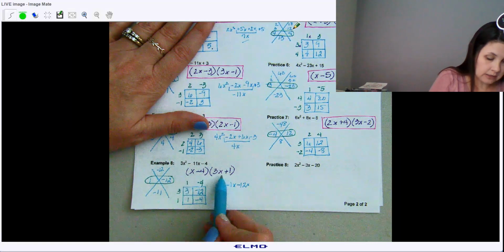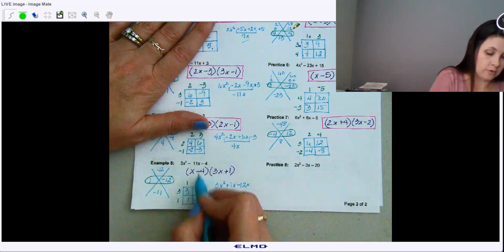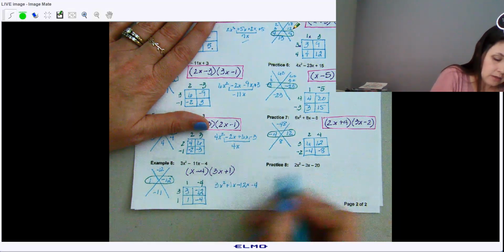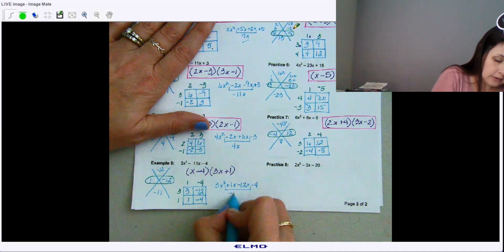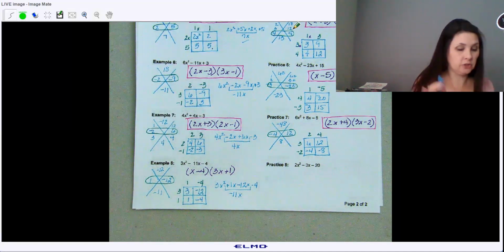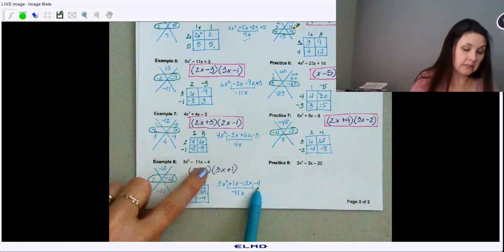So x times 1 is a positive 1x. There we go. Negative 4 times 3x is negative 12x, and then negative 4 times 1 is a negative 4. And then we combine our like terms and we get a negative 11x. See, sometimes using FOIL is beneficial because if you made a mistake, it will check it for you. So 3x squared minus 11x minus 4.